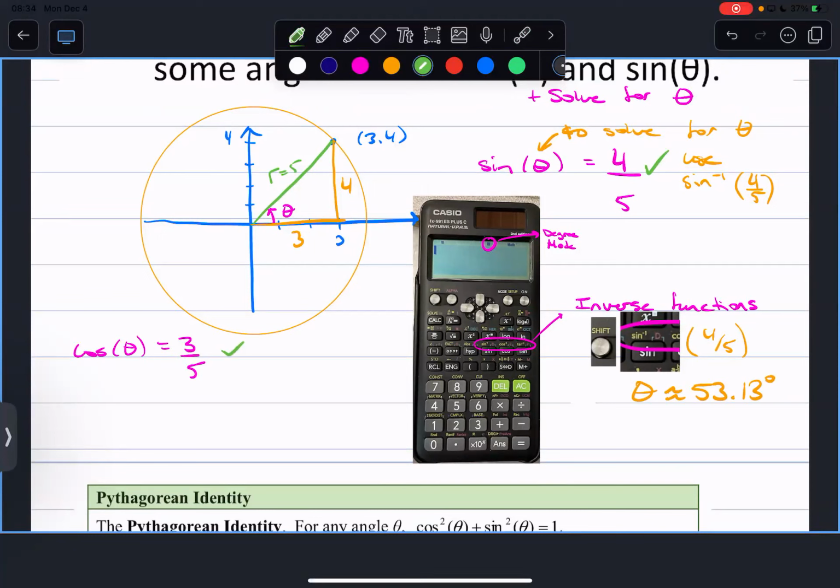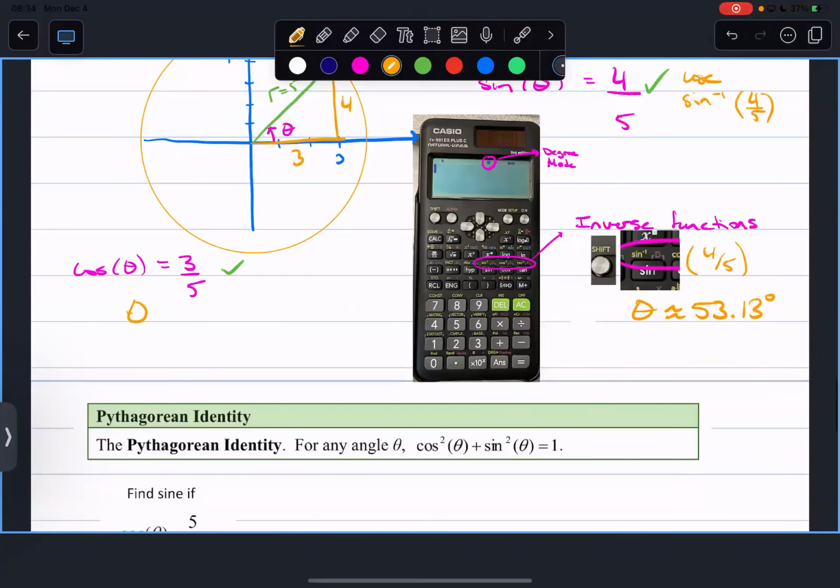Technically, that's the answer, all we wanted, right? But in order to solve for theta, theta is the inverse cos of 3/5. Shift cos inverse 3/5. Really hope I get 53.13. Oh, phew. Degrees. Nice.